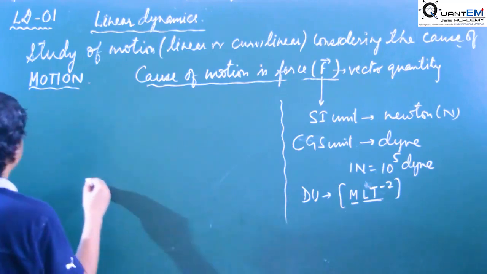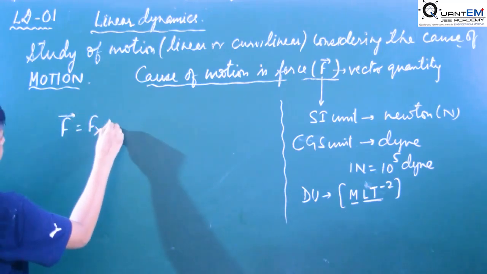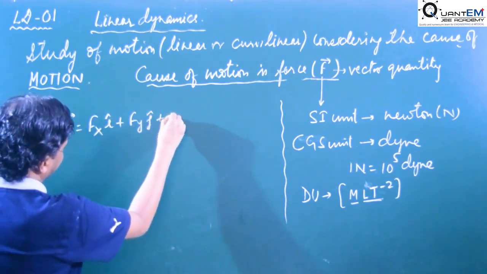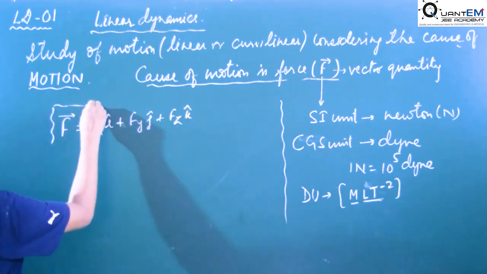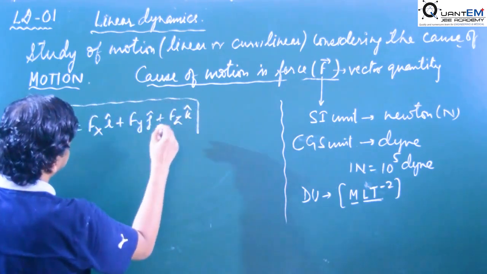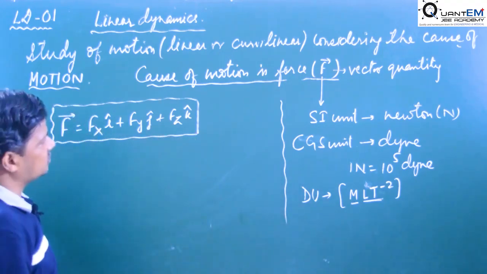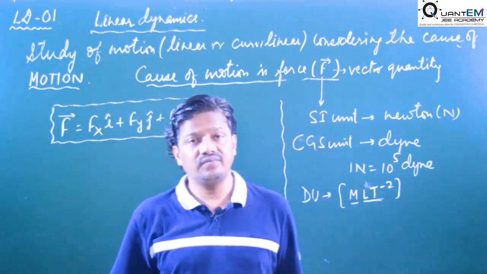So force is a vector quantity. Force we have Fx i cap, Fy j cap, and plus Fz k cap. And force may be of any type: mechanical force, electrostatic force, magnetic force, nuclear force, and gravitational force.